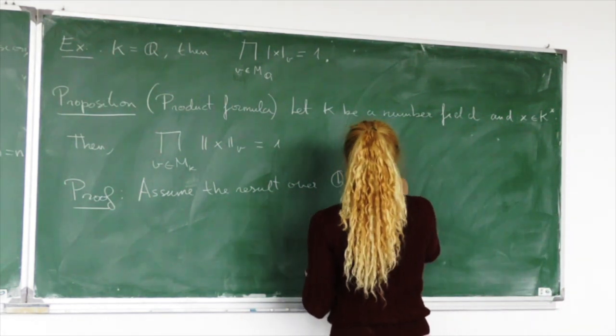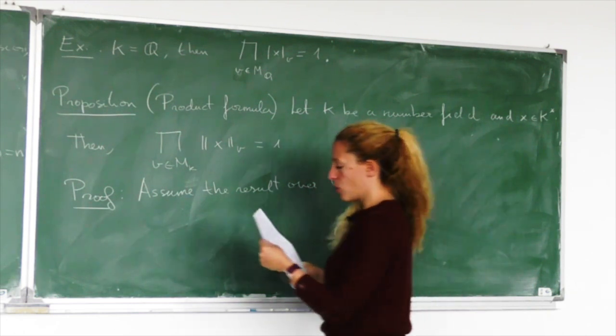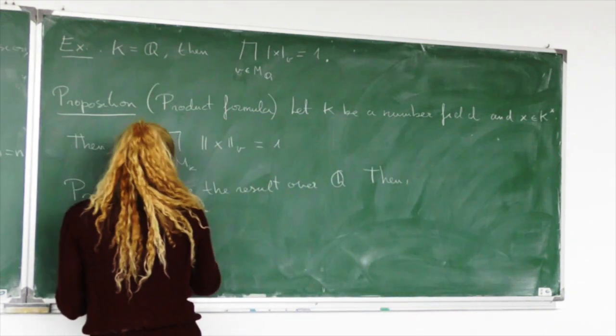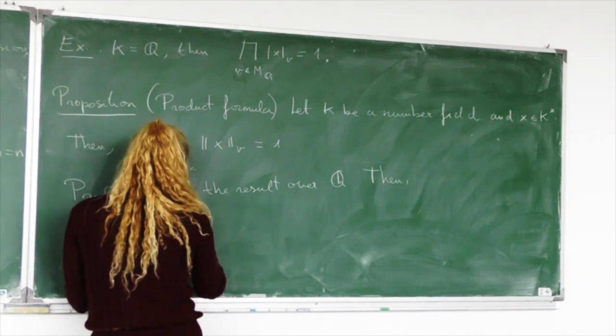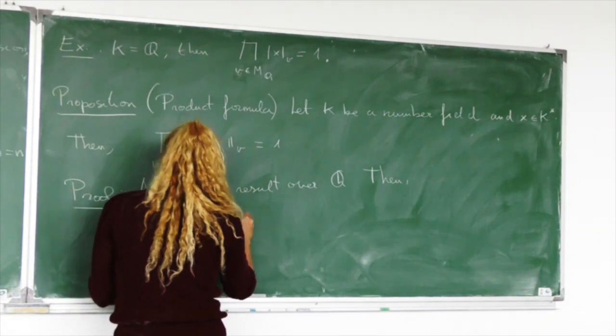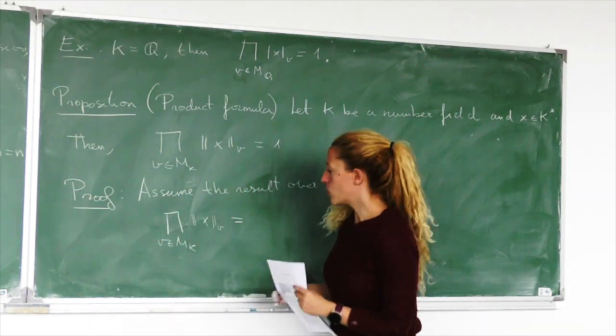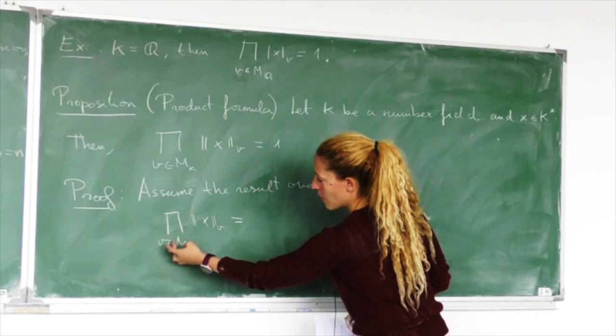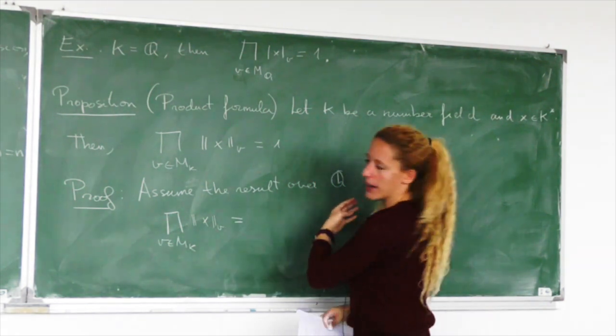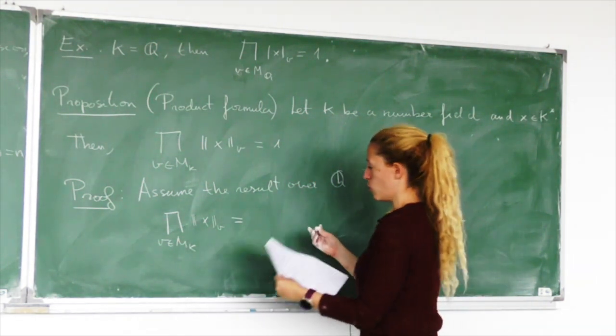Then we proceed as follows. We write this product as follows. I'm going to separate this product for the valuations, how they divide the primes in Q.